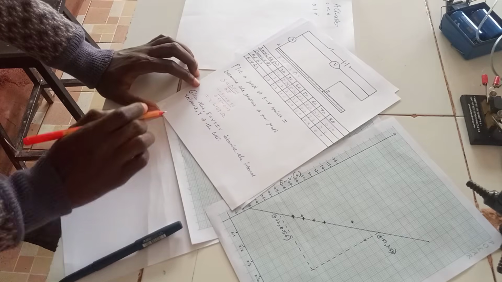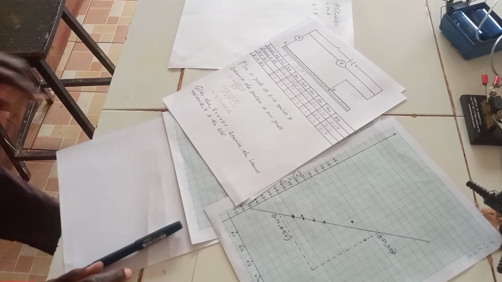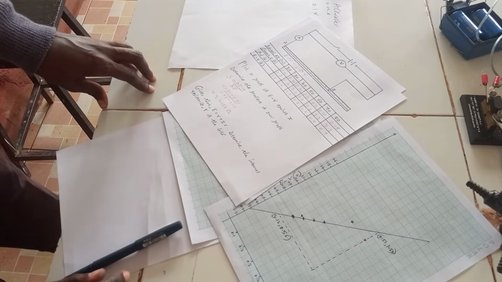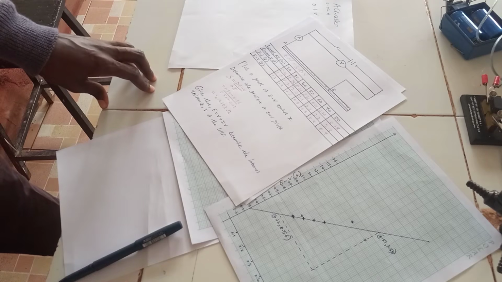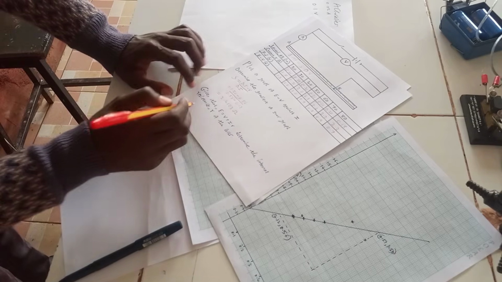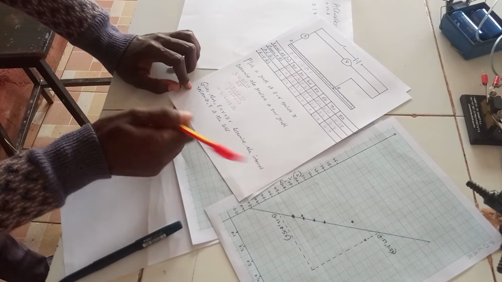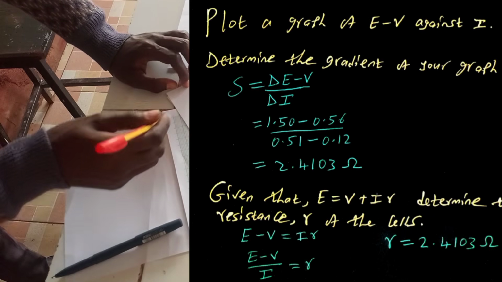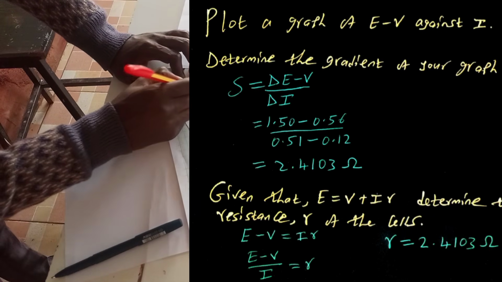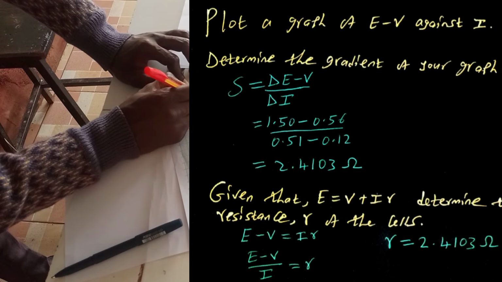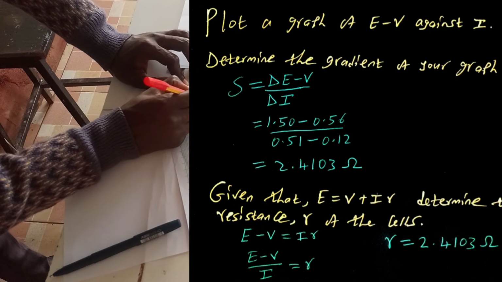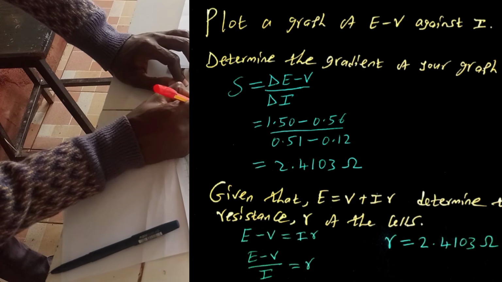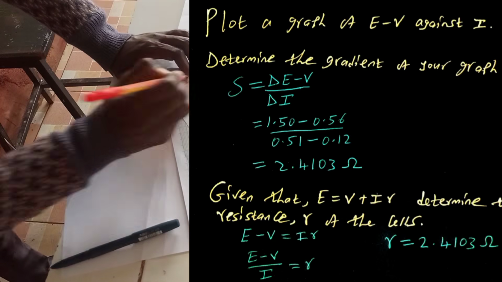Then we are given that EMF equals V plus IR, and we are to determine the internal resistance. We can rearrange this equation into the form y equals mx plus c. We take V to the other side, so E minus V is equal to IR.